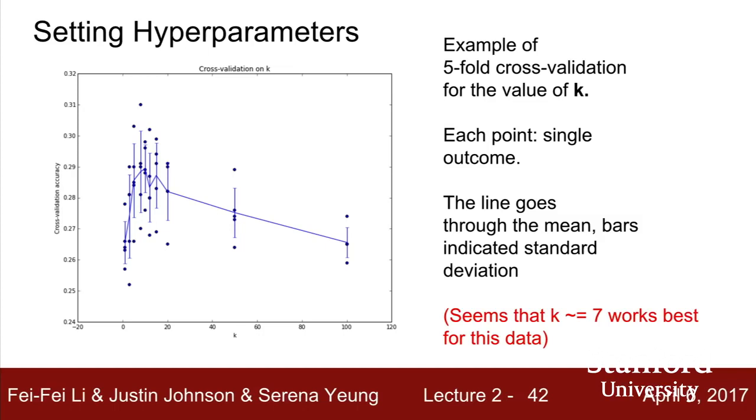Whenever you're training machine learning models, you end up making plots like this, that show you your accuracy or performance as a function of your hyperparameters. Then you want to pick the model or the set of hyperparameters that performs the best on the validation set. Here we see that about k equals 7 probably works best for this problem.